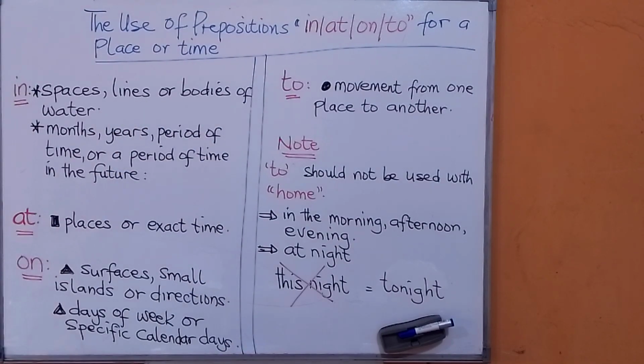Or lines. Or bodies of water. Spaces like rooms, buildings, gardens, parks. So you say in a room, in a building, in a garden, in a park, in a row, that's talking about a line, in a line, in a queue, in the water, in the sea, in a river.